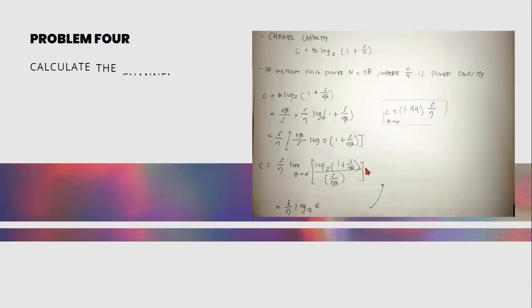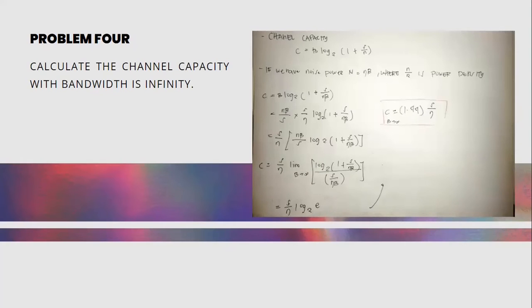For our last problem, problem number 4, calculate the channel capacity when the bandwidth is equal to infinity. So here, our bandwidth is infinity. As a channel capacity formula, C equals B log to the base 2 of 1 plus S over N, or signal to noise ratio.